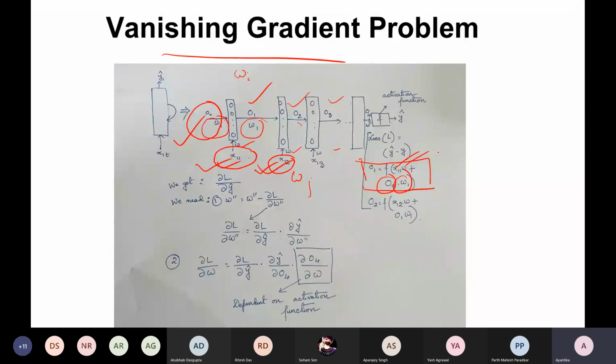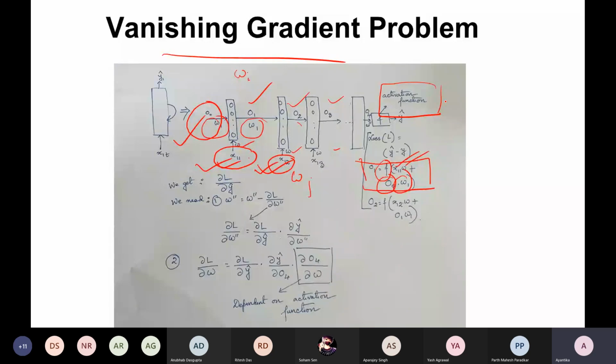So for each output, we can represent the first level output as x11 into W plus O0 into W1, and you pass that through your activation function, which we have mapped as F. Here, F is the activation function, and it may vary based on your application.